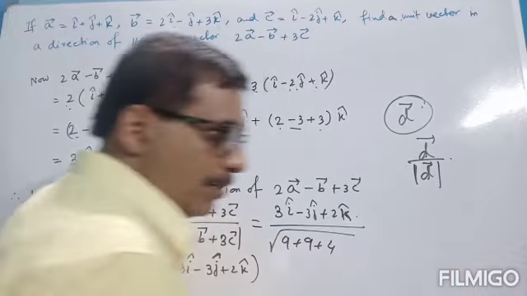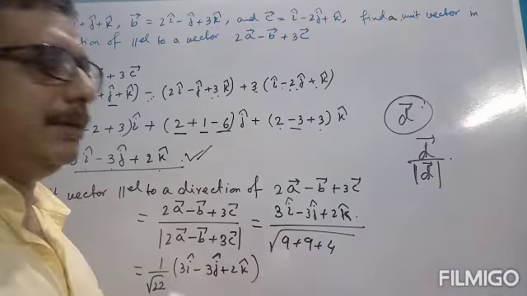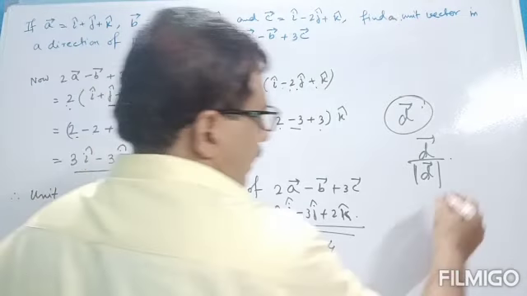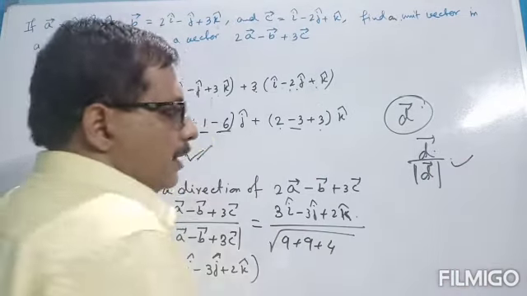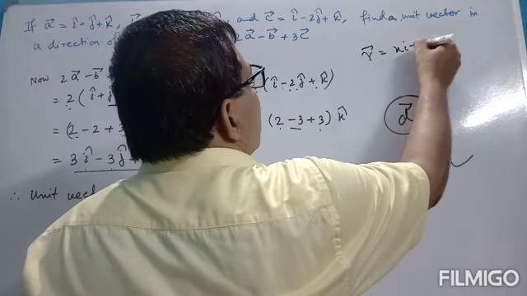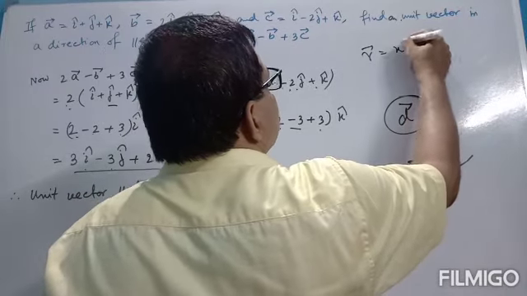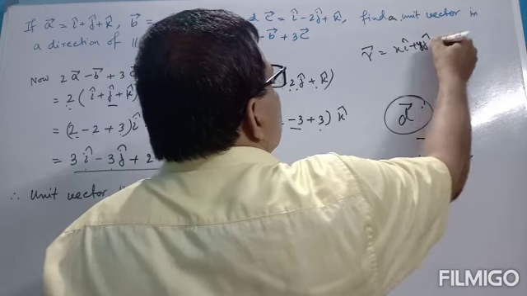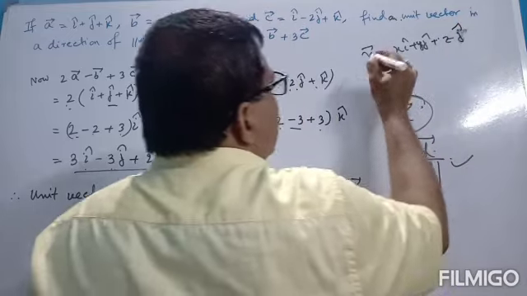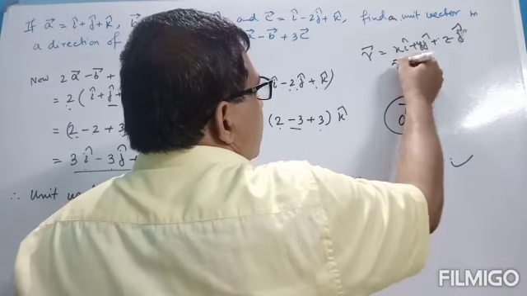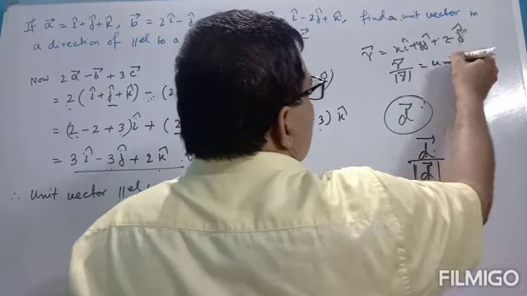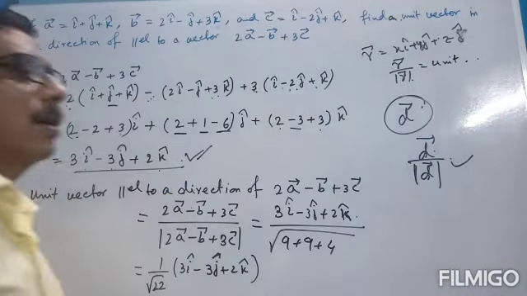If we find the unit vector along any given vector, just divide the vector by its modulus. Like that, if r is a vector, say x i cap plus y j cap plus z k cap, then the unit vector along this direction is r by mod r.